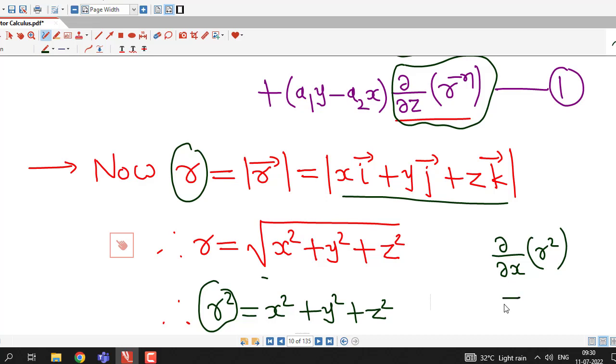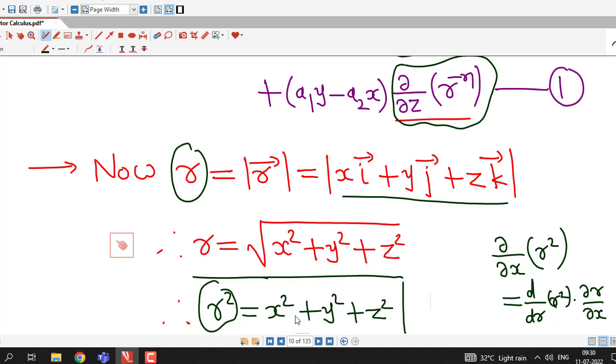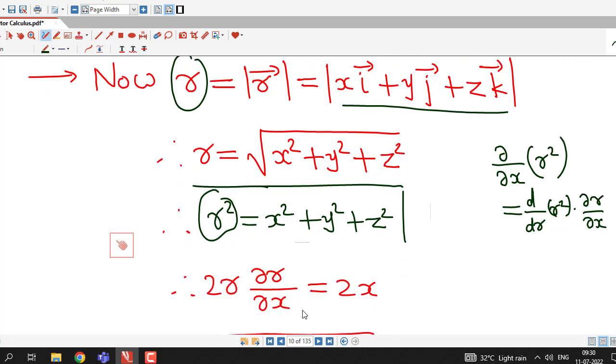Because r square is directly a function of r, I have to first differentiate with respect to r, and in the product I have to write del r by del x. This is by chain rule. So using chain rule we differentiate this equation with respect to x on both sides. Therefore we have 2r into del r by del x, here applying chain rule, equal to the derivative of this quantity with respect to x.